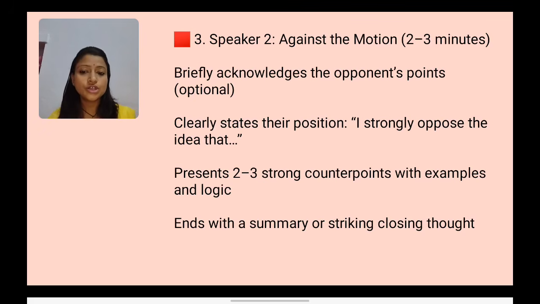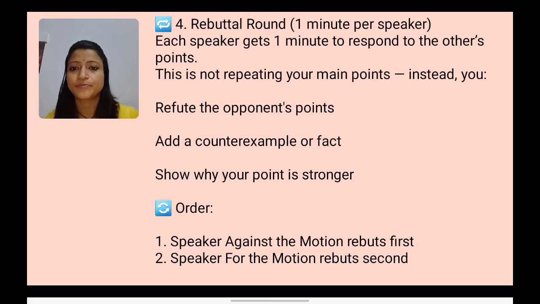And he or she also presents 2 or 3 strong counterpoints. Counterpoints means points against the idea with examples and logic, and ends with a summary or striking closing thought, 2 or 3 minutes.